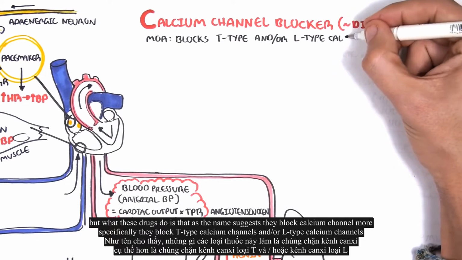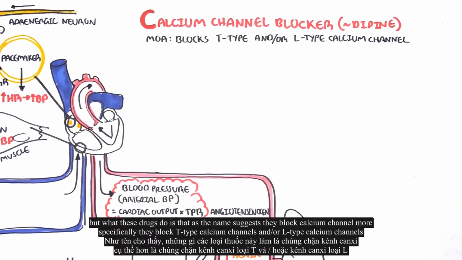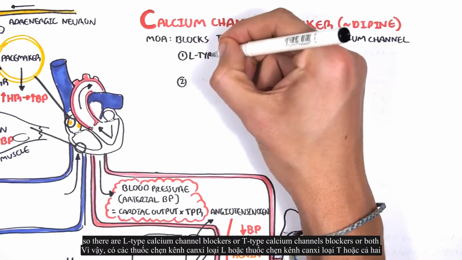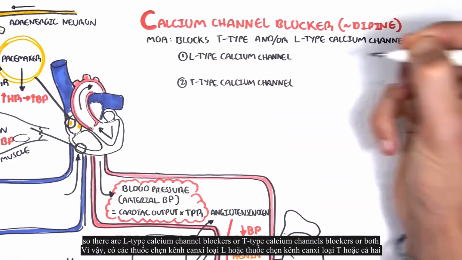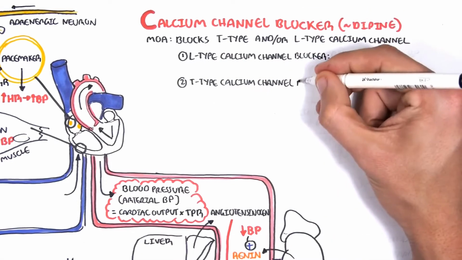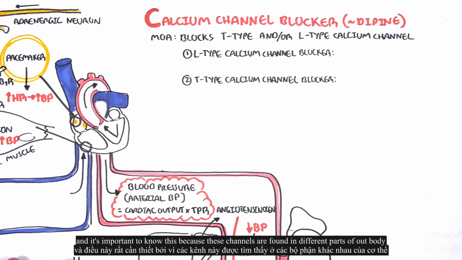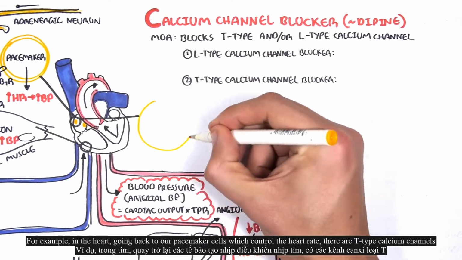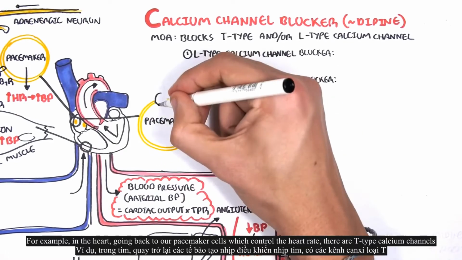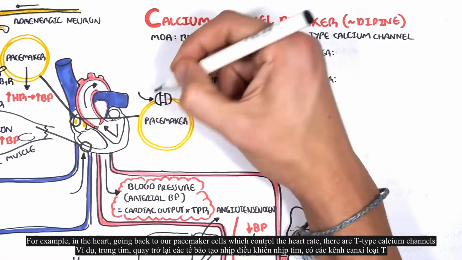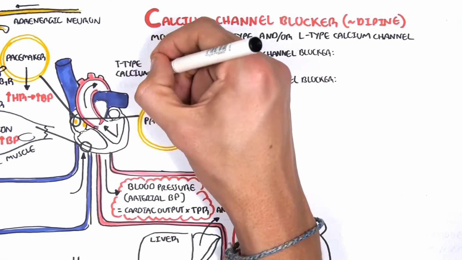More specifically, they block T-type calcium channels and/or L-type calcium channels. So there are L-type calcium channel blockers, T-type calcium channel blockers, or both. It's important to know this because these channels are found in different parts of our body. For example, in the heart, going back to our pacemaker cells, which control the heart rate, there are T-type calcium channels.